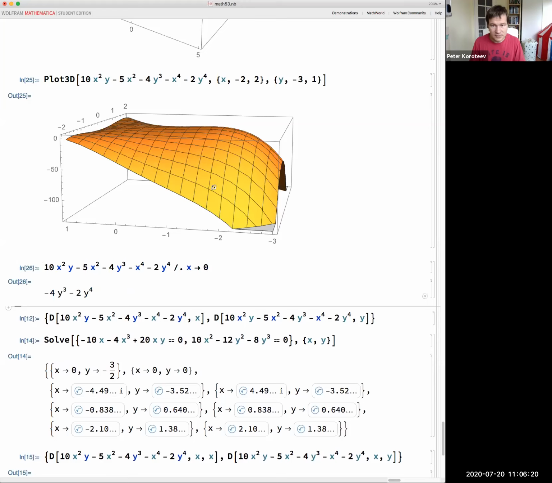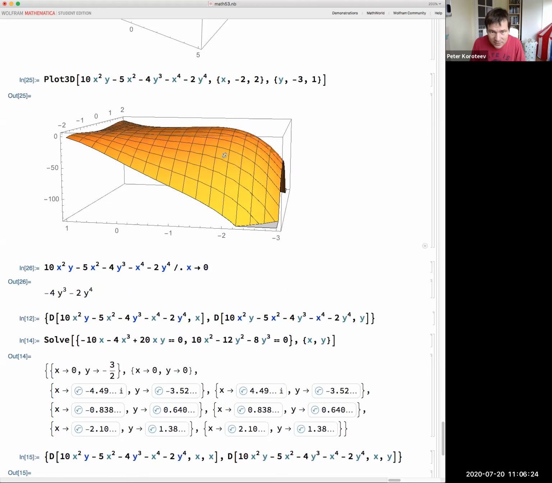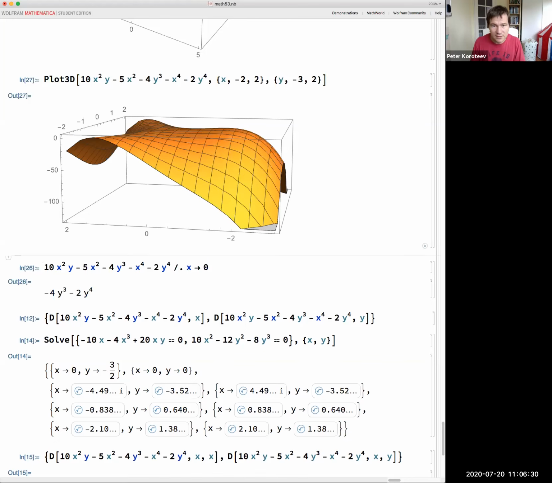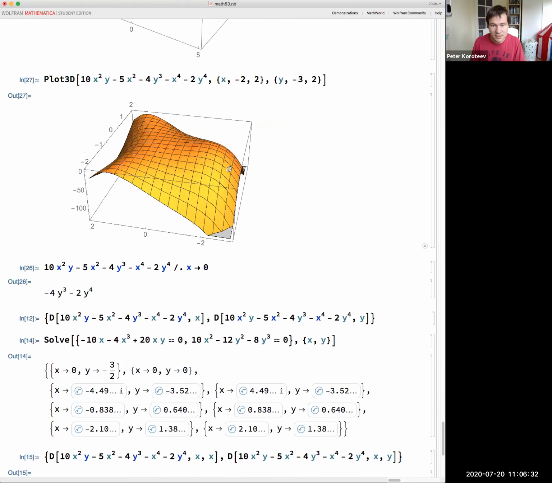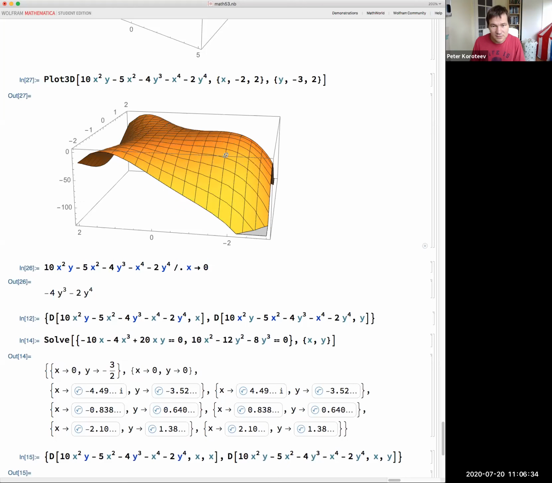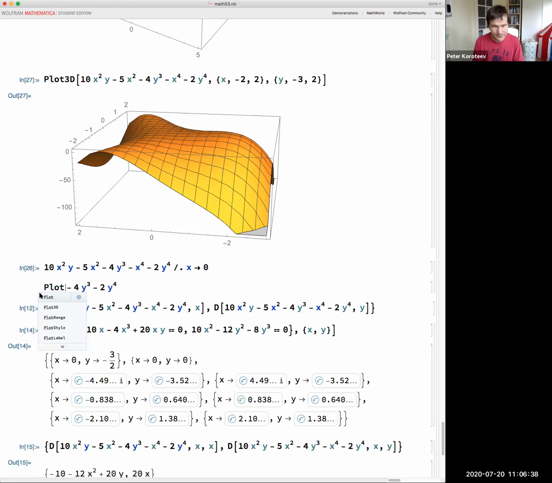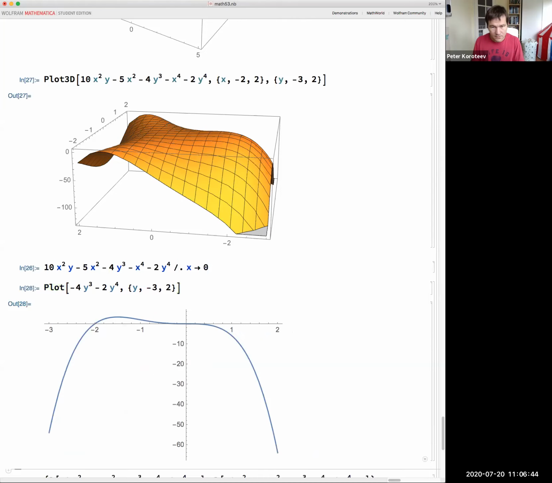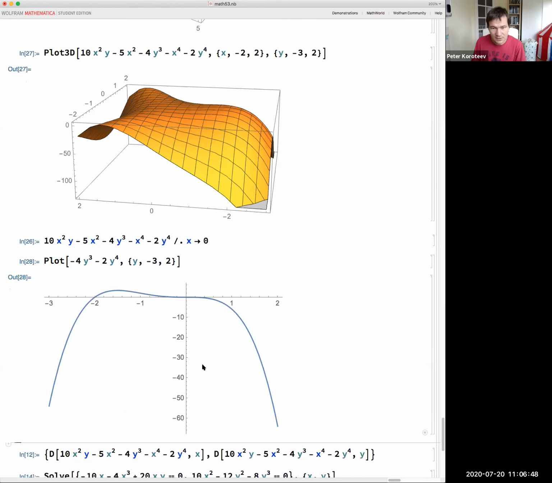It doesn't actually look like it; it raises a little bit. So if you do -3 to 2, see here, now it's clear what goes on. If you plot this function, it behaves like that. Here we see something interesting going on.